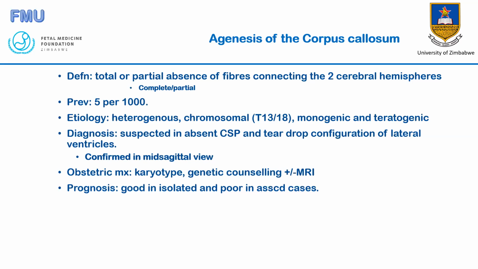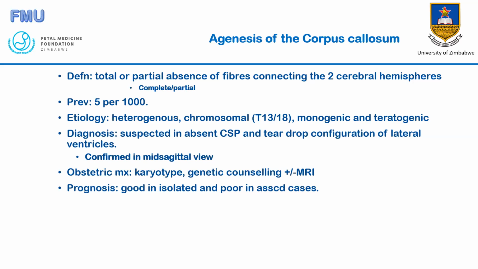Whenever we see agenesis of the corpus callosum, how do we diagnose it? We diagnose it when we suspect that the cavum septum pellucidum is absent. If we are not able to see the cavum septum pellucidum, then we suspect agenesis of the corpus callosum. Of course, there is another condition called septo-optic dysplasia, which mimics this condition, but we would differentiate through what I will show you just now.